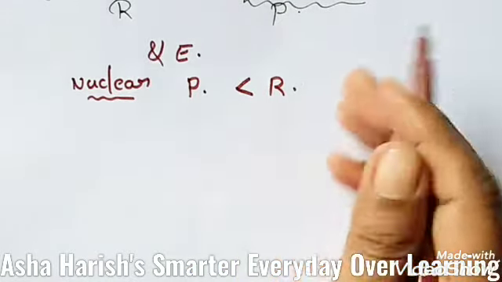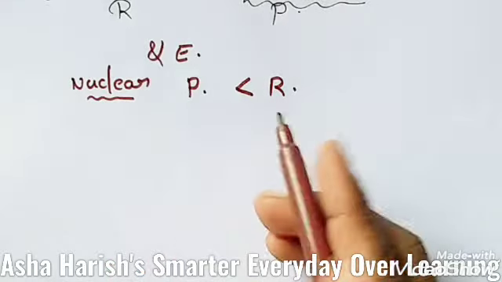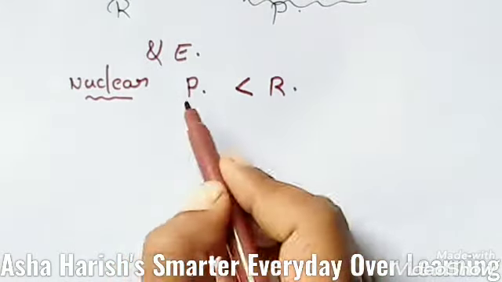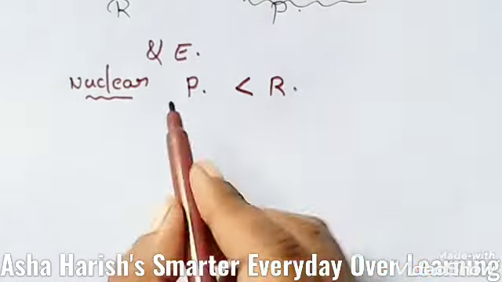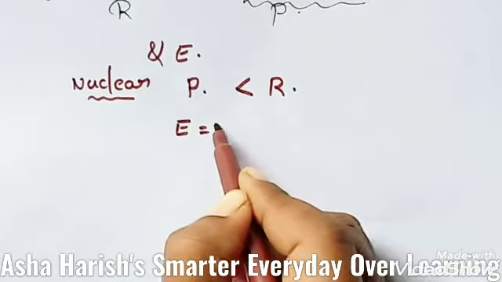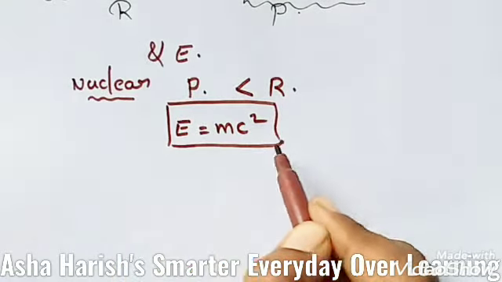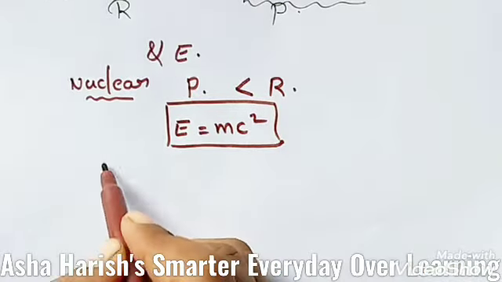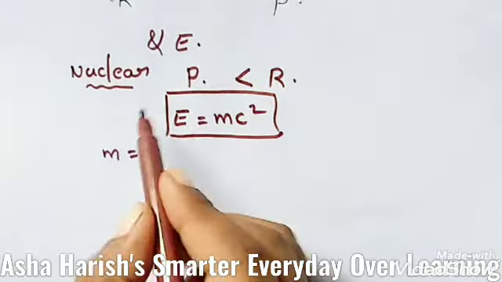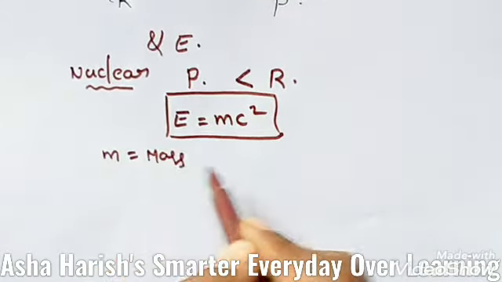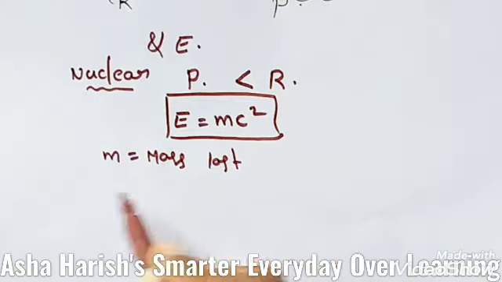The question arises, where is this mass lost? According to Einstein, this mass is converted into energy according to the equation E = mc², the most important equation proposed by Einstein, where m is the mass lost and c is the velocity of light.